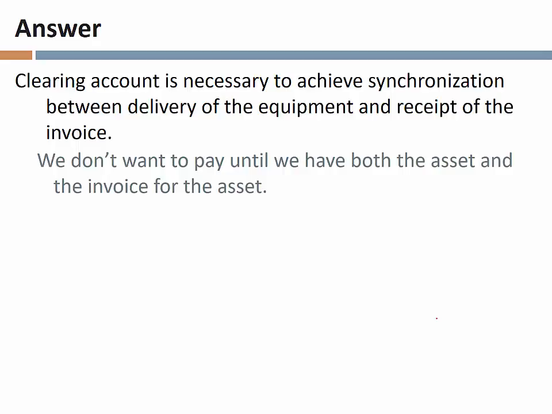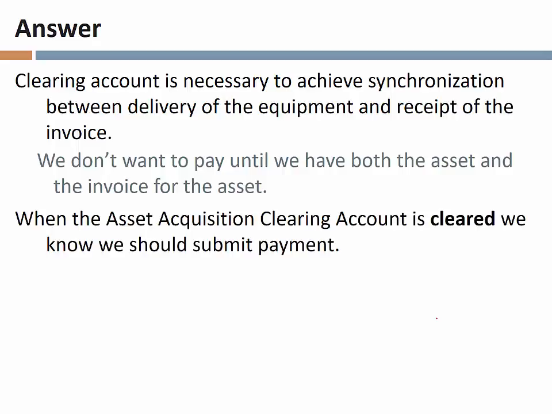And it allows me to check, okay, which of these things do I have? Do I have the stuff and do I have the bill? And once I have both the stuff and the bill, then I pay. But the principle here is really, really straightforward. I don't want to pay until I have the stuff, because if I pay and don't have it, I may never get it. So my biggest leverage here comes from holding on to my money as long as I possibly can.